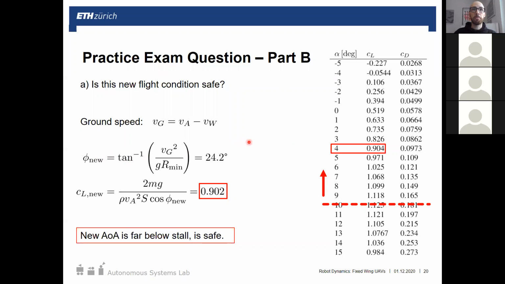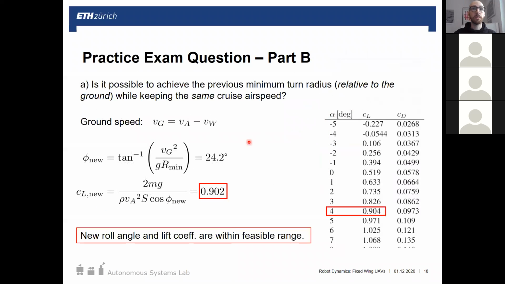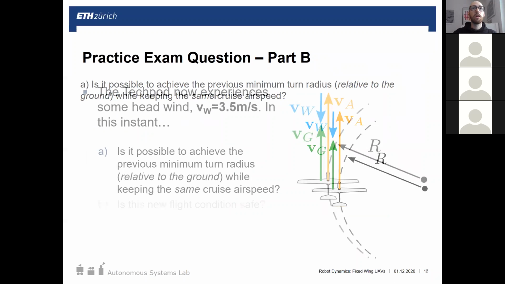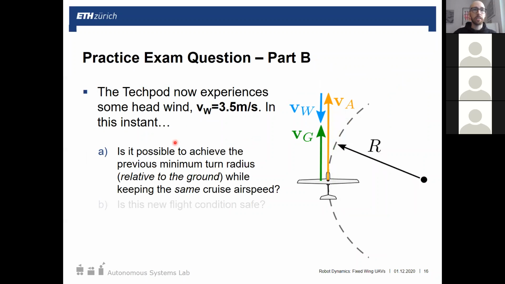Specifically in this part B, if I go back up here, yes, it says relative to the ground. I italicized it because this indicates that we're really talking about a curvature relative to the ground. And since it's relative to the ground, that's why we need to consider the ground speed.